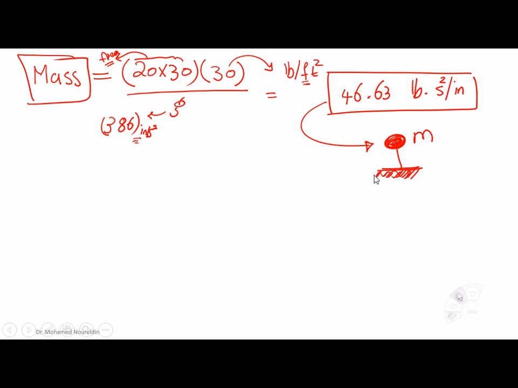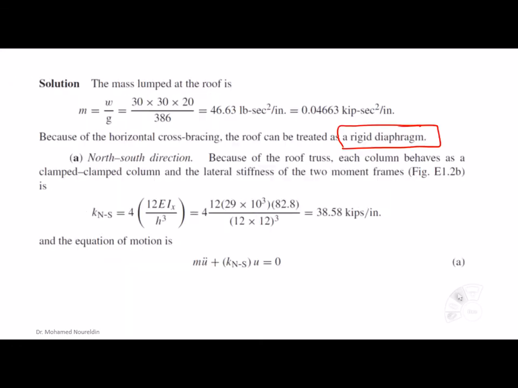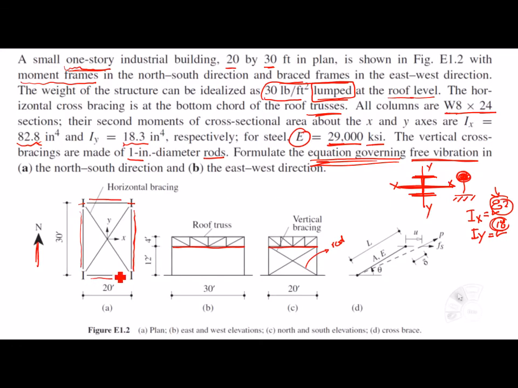The second is we want to know the stiffness of our single degree of freedom system. But according to our problem, we have two directions, right? We have the short direction and the longer direction, east-west and north-south.